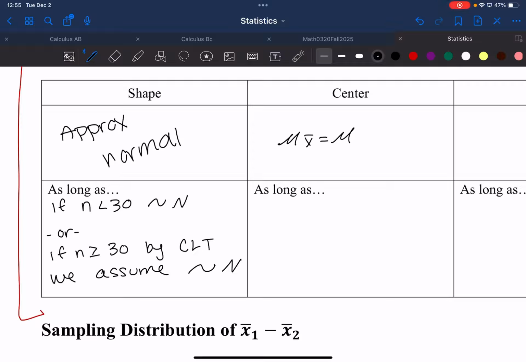And then we know that this is true, or this is a good unbiased estimator, as long as our samples are random. So either randomly selected or randomly assigned in an experiment. Again, we want this because we want mu to be an unbiased estimator. Why is that important? Why would we want it to be an unbiased estimator?